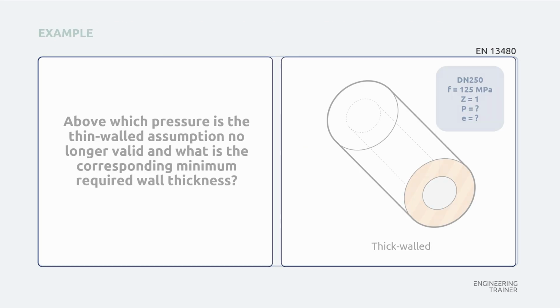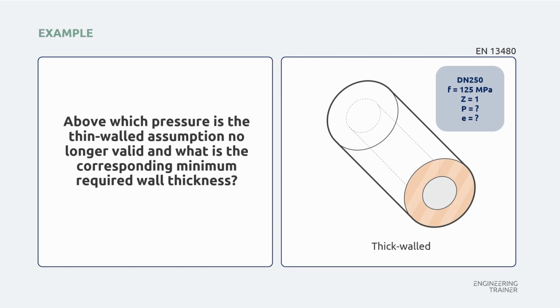So let's have a look at the answers to the questions at the start of this example. The pressure at which the thin-walled assumption is no longer valid is 60 megapascals. The corresponding minimum required wall thickness is 56 millimeters. Below this thickness, the thin-walled relations can be used. Above this thickness, the thick-walled relations must be used.